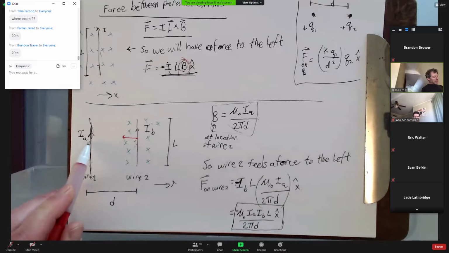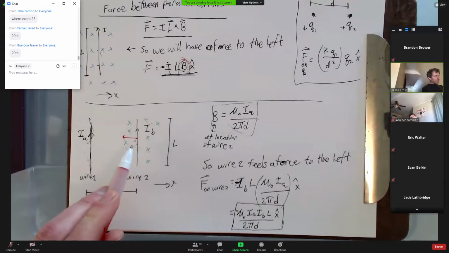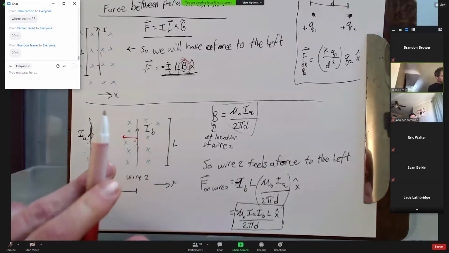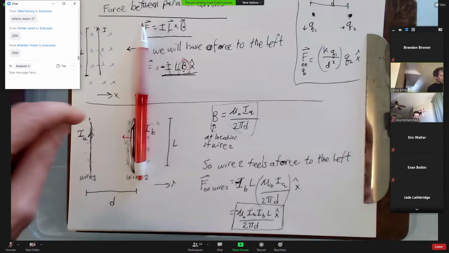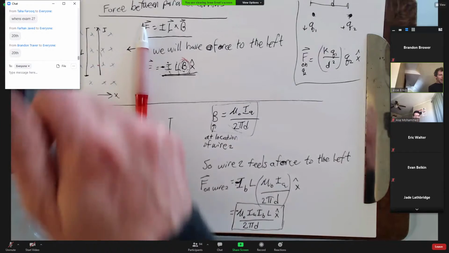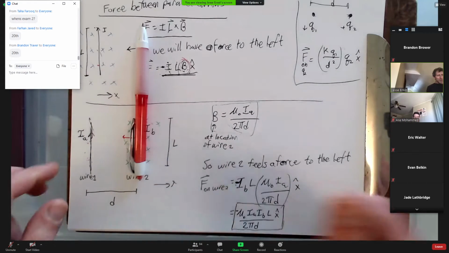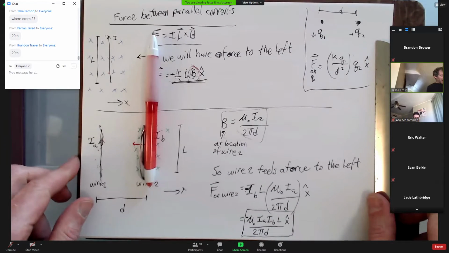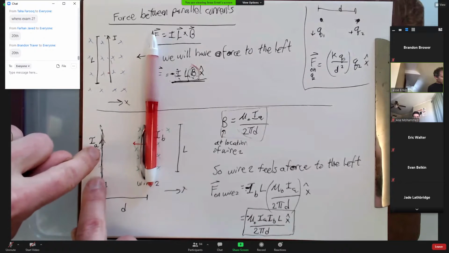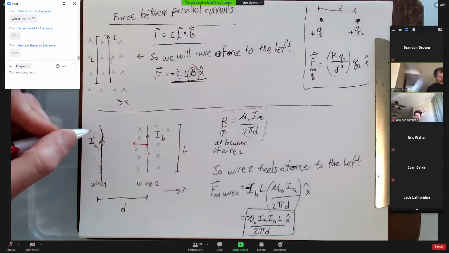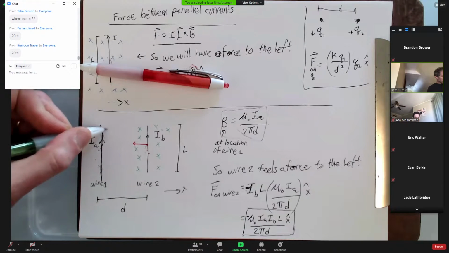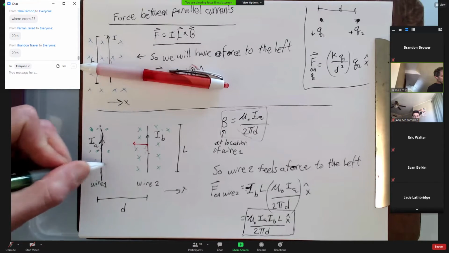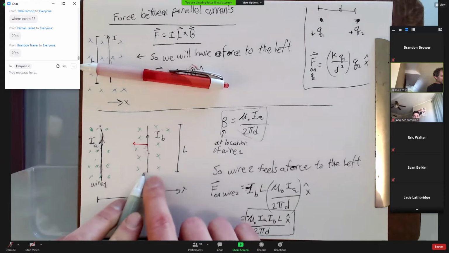The B field at this location from this wire: we have a wire with current I_B going that way. The B field on this side of this wire is going to be out of the page. So now you have this wire living in a B field that's coming out of the page, caused by the existence of this wire.